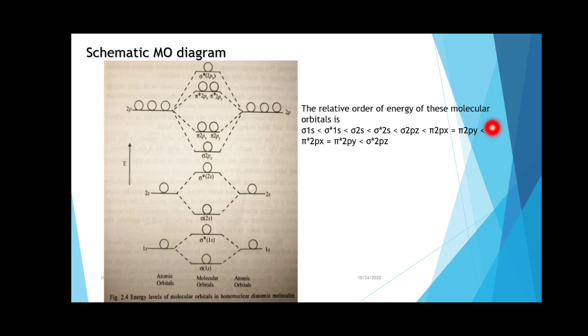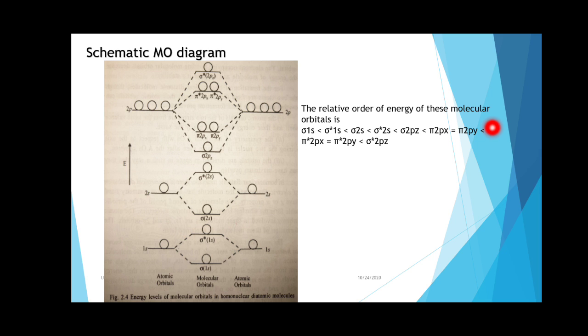So in the last lecture we saw that a diagram in which molecular orbitals are arranged in increasing order of their relative energies is called a molecular orbital diagram or MO diagram, right?